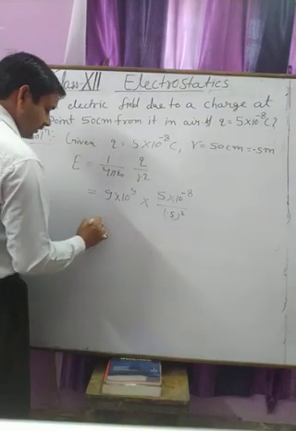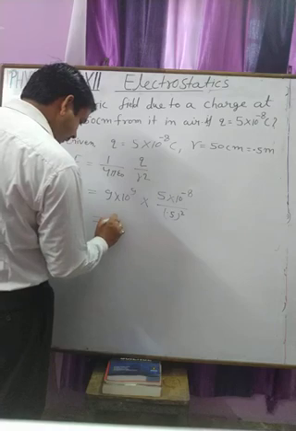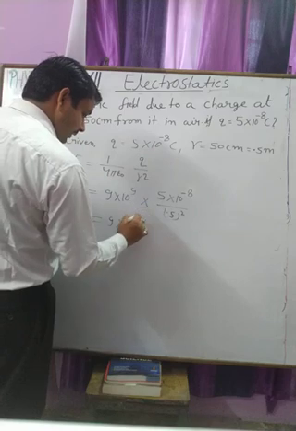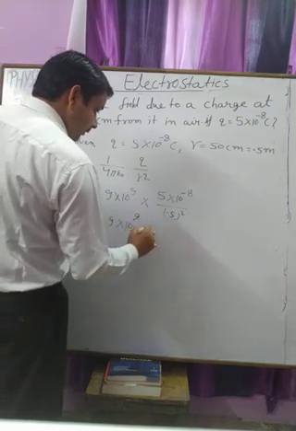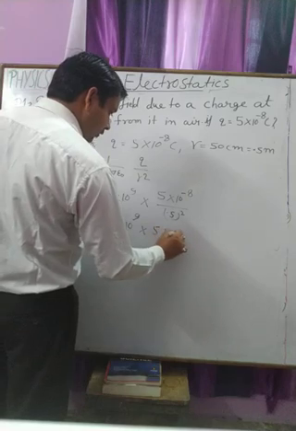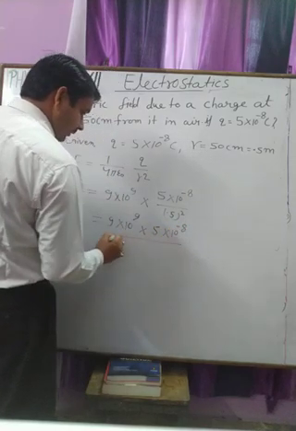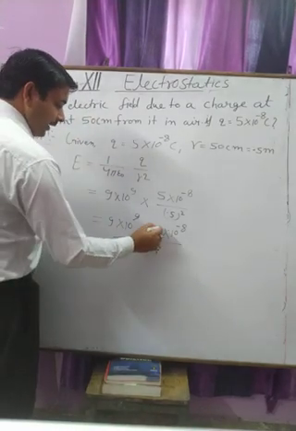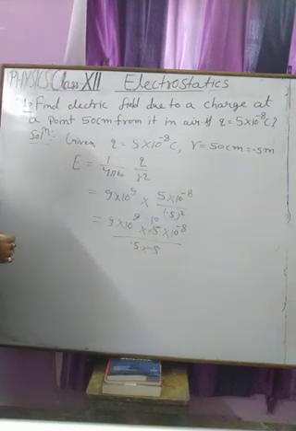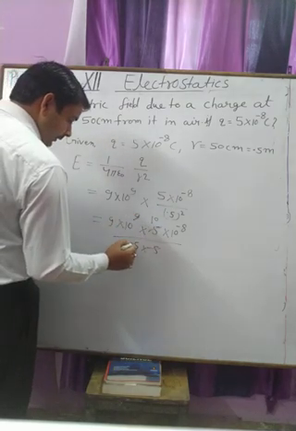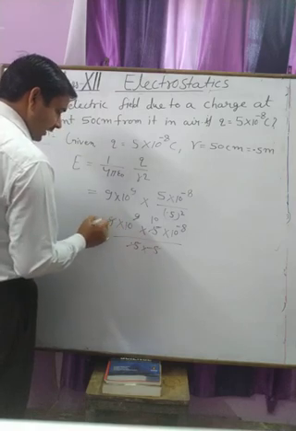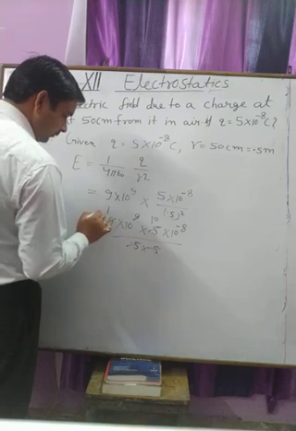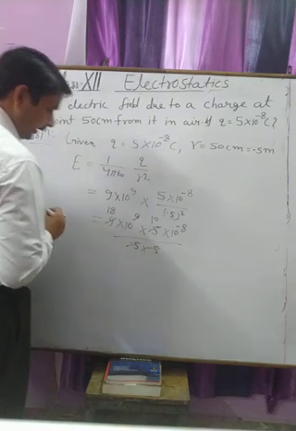So student, when we are solving this value, we are getting 9 into 10 to the power 9 into 5 into 10 to the power minus 8 upon 0.5 into 0.5. Okay, now this 0.5 cancels by this 10 times, and this 0.5 cancels this 9 times.